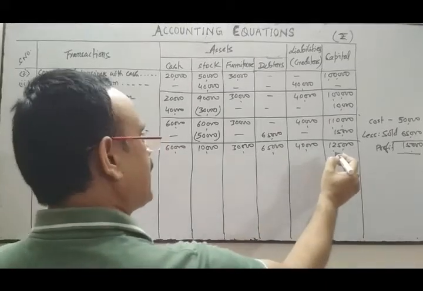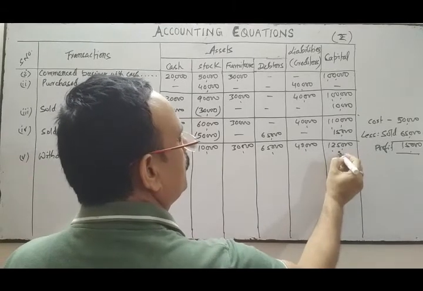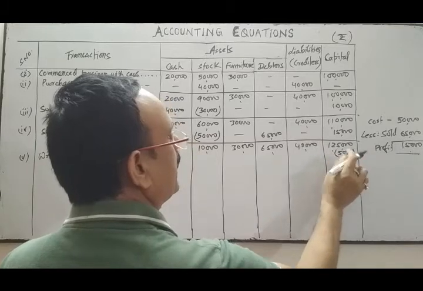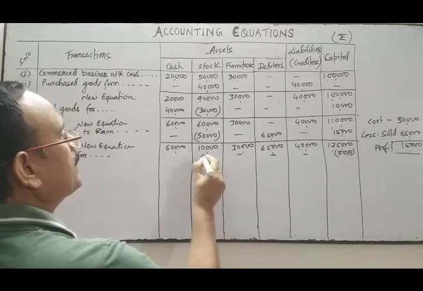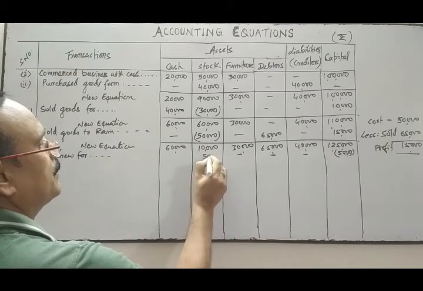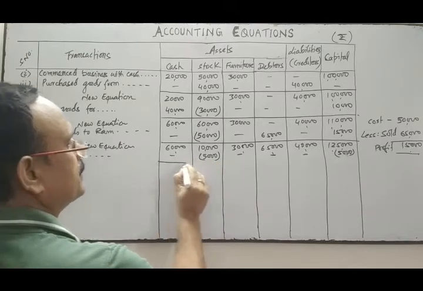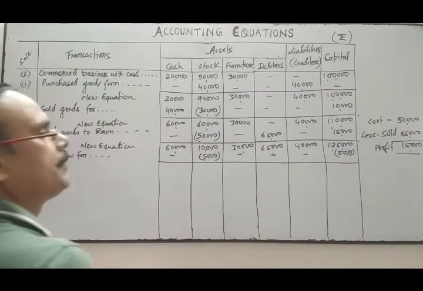Drawing reduces the capital. So 5,000 will be deducted from capital, and goods are withdrawn. That's why stock will reduce by 5,000.